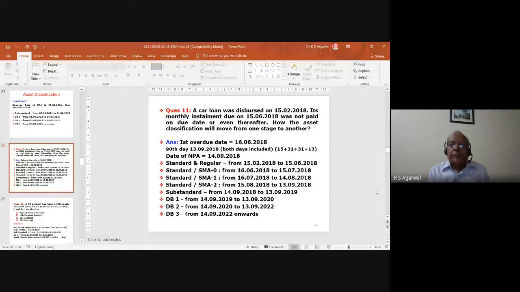Then from 14th September 2018 to 13th September of next year, 2019, it will be substandard. And thereafter, it will be DB1 for 1 year, DB2 for 2 years, and DB3 for unlimited time. So this will help you to understand how a standard regular account becomes SMA 0, 1, 2, and thereafter substandard, DB1, DB2, and DB3.